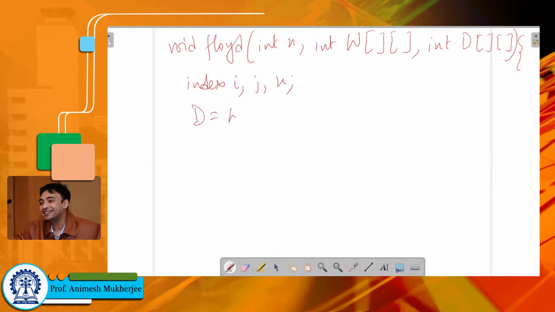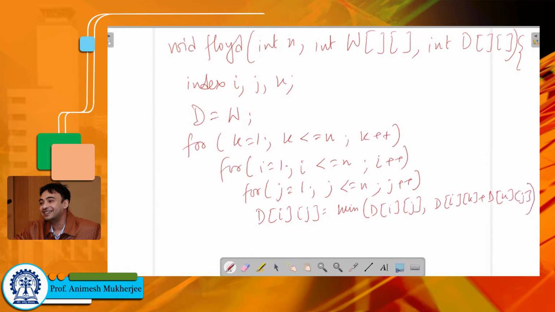You initialize D to W, then you just have 3 for loops, simply writing down the iterative formula that you have obtained. So Dij is the minimum of the previous Dij and the current Dik plus Dkj.